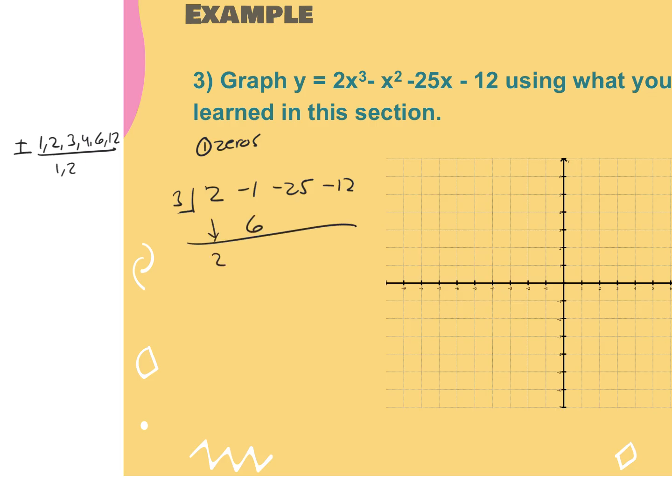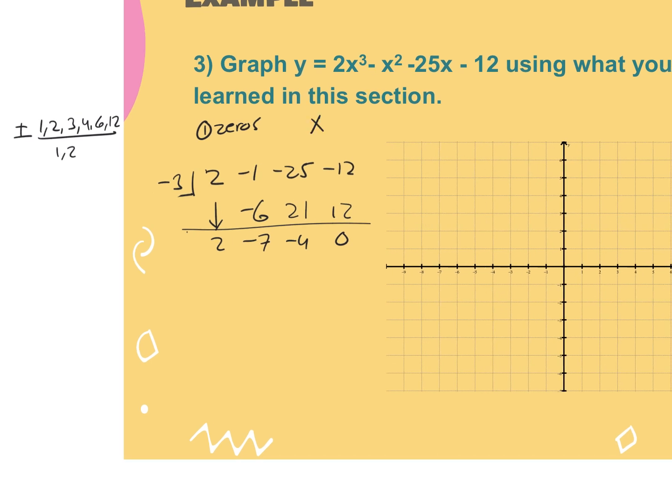So 2, 6, 5, 15, -10, -30, that's not going to work. So let's try a -3 now. Let's just see: 2, -6, -7, 21, -4, 12, and 0. So this one does work. That means x equals -3 is one of our zeros.